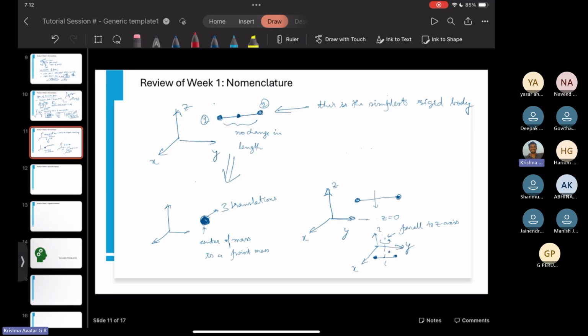I'll use a different color. This point goes here and this point comes here. So this goes here, this goes here, and the line is this. So if there are two such points connected by some line, let me keep it simple, then we can have rotation about the Z axis.